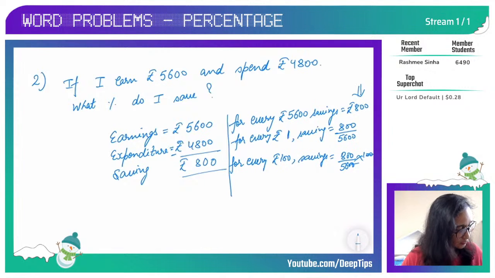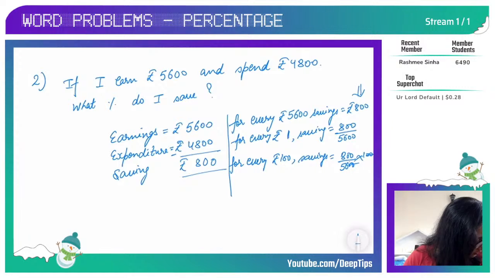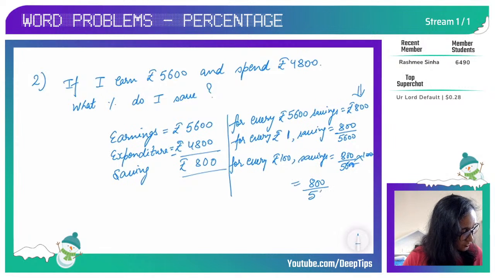Now here I can calculate by cancelling my zeros, okay? And then if you look here, what's left? 800 upon 56. If you know the 8's table, 8 into 100 gives me 800, and 8 sevens are 56. So 100 by 7%.